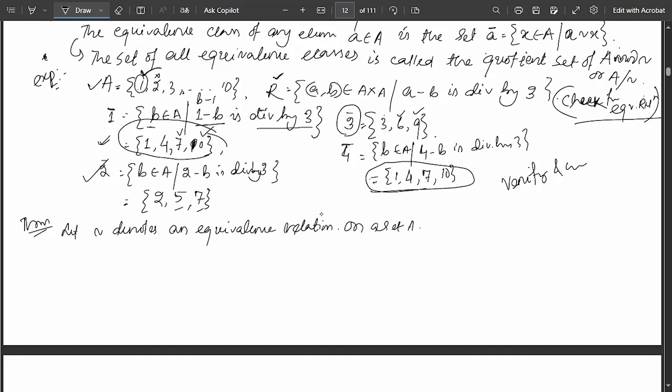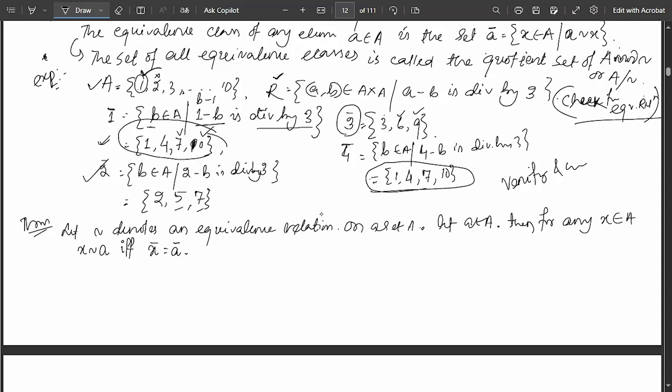Let a belong to A. Then for any x belonging to A, x is related to a, sorry, x forms an equivalence relation with a, if and only if the equivalence classes of both are the same: the equivalence class of x is equal to the equivalence class of a.